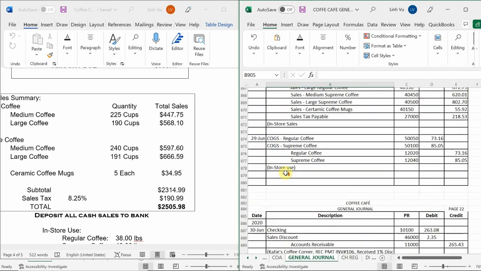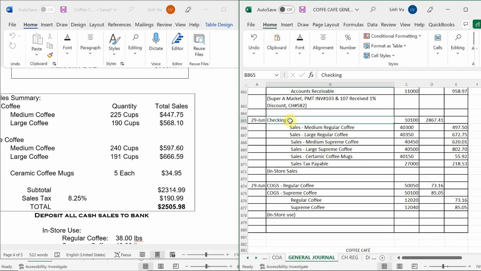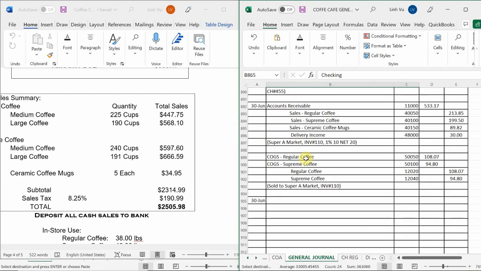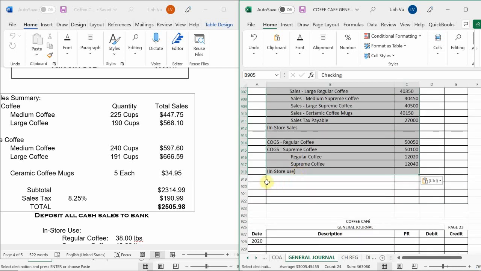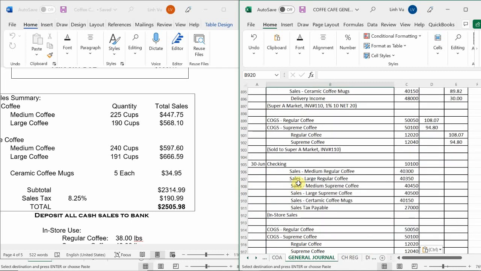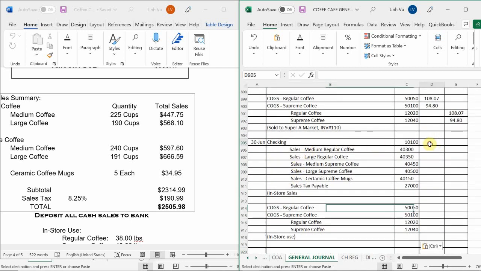We've done multiple occasions of in-store sales, so here we go. I believe if you copy all of this, it should be enough for that page right here on page 22. Yes, barely enough space.